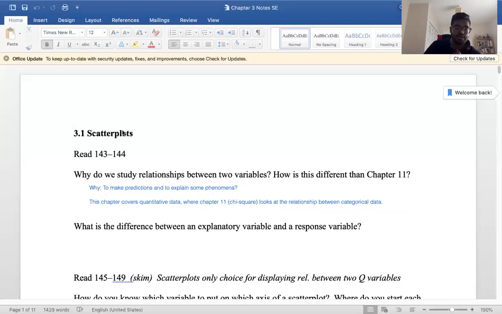All right, next thing, looking at what's the difference between an explanatory and response variable. So the response variable measures the outcome of some study.